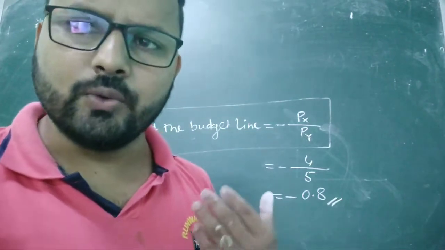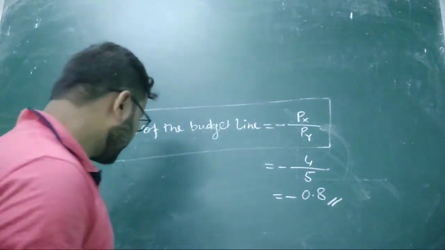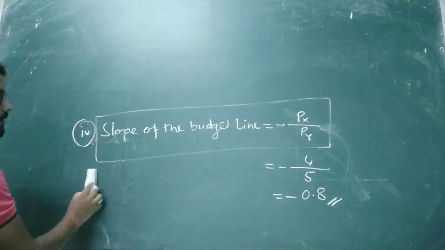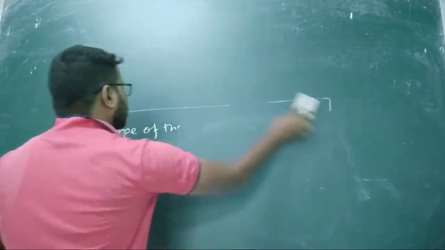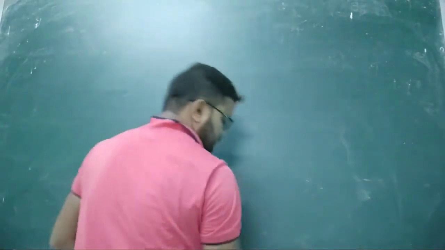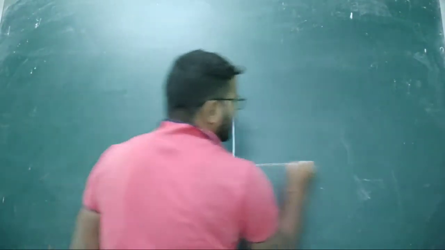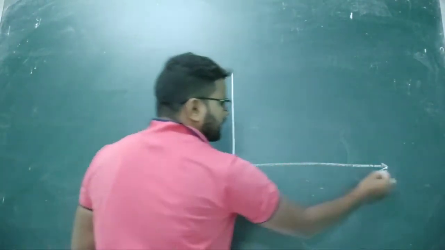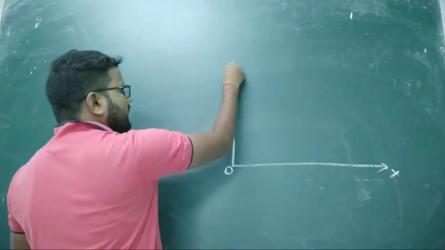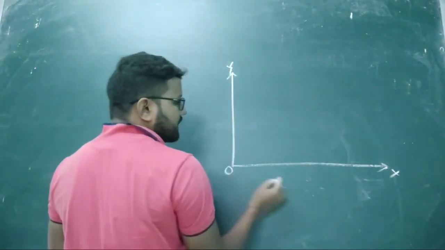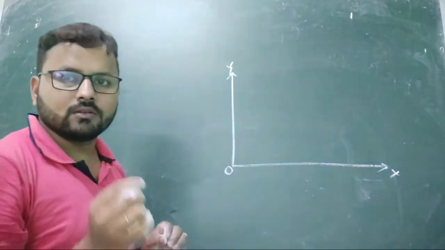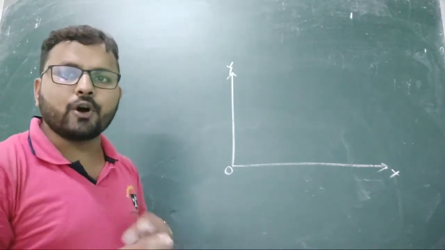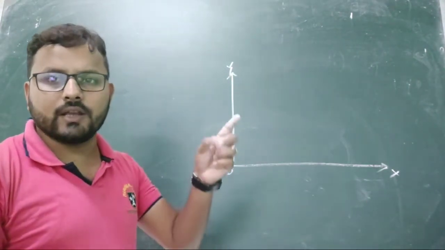So if we want to draw the budget line for this math, as we know, in my introduction lecture I gave you one most important concept: to draw a budget line, we need 2 points, a point on the x-axis and a point on the y-axis.